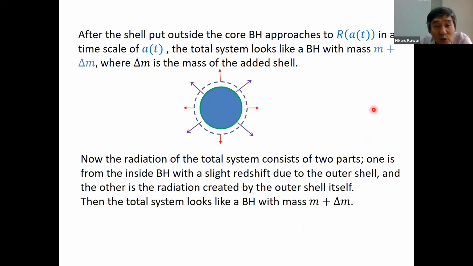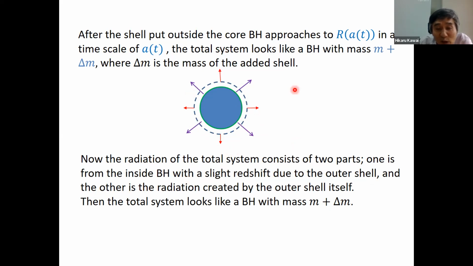So after the shell put outside the core black hole approaches R, capital R, in a time scale of A, the total system looks like a black hole with mass m plus delta m, where delta m is the mass of the added shell. Now the radiation of the total system consists of two parts. One is from the inside black hole with a slight redshift due to the outer shell, and the other is the radiation created by the outer shell itself, these red arrows.